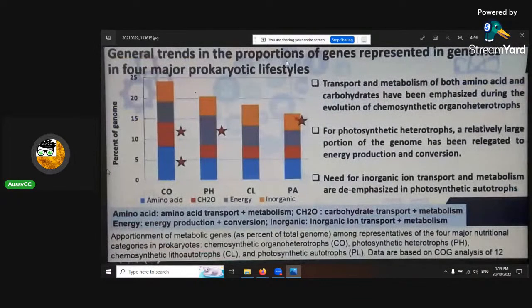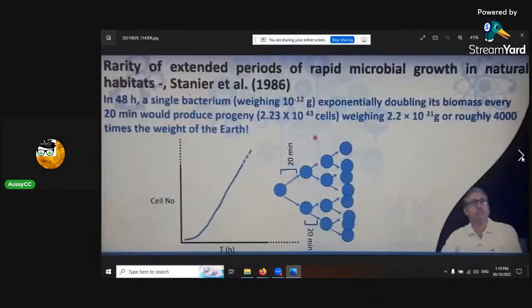General trends in the proportions of genes related to the four prokaryotic stages. Rarity is extended periods of rapid growth. Yeah, look at this, this is a rad one. In 48 hours, a single bacterium, the lifespan of a bacteria is a dot on a piece of paper. In 48 hours, one single bacteria can exponentially double its biomass every 20 minutes.